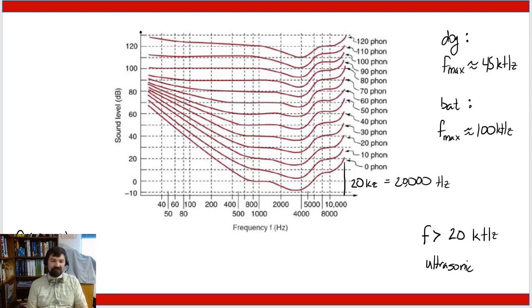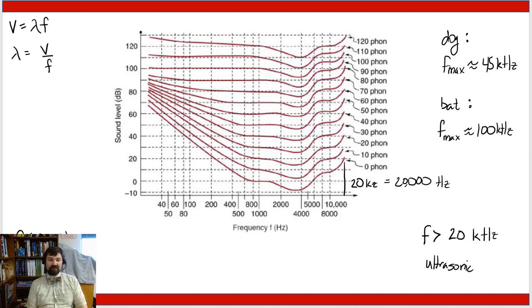So remember that the speed of a sound wave, or of any wave in general, is the wavelength times the frequency. So wavelength is therefore speed over frequency. So the bigger the frequency, the shorter the wavelength that you can resolve.